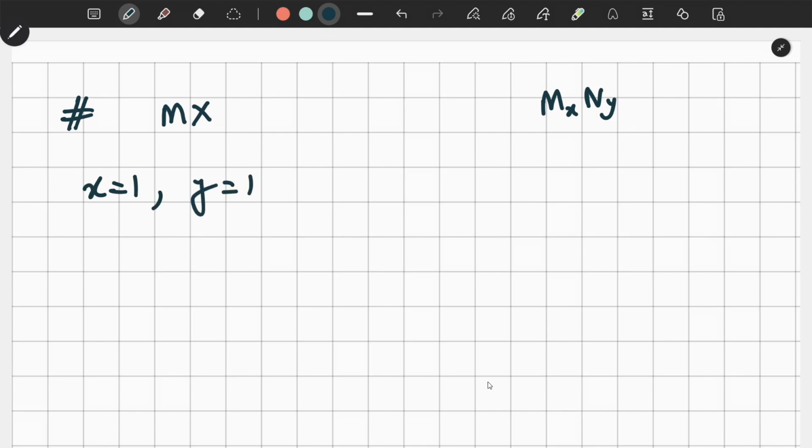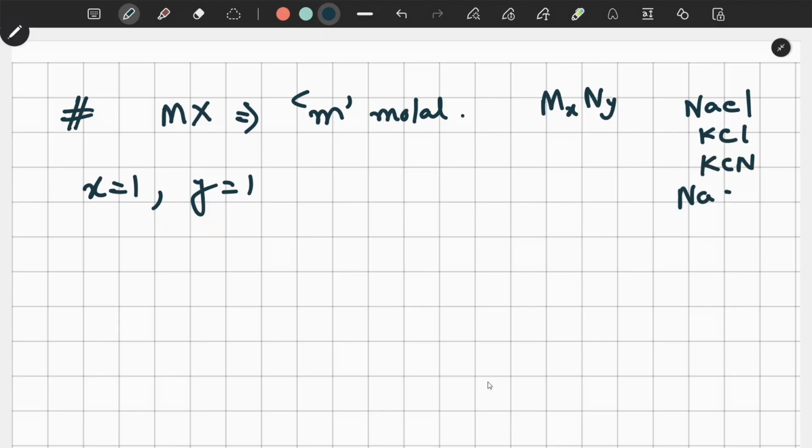So if that is the case, and the concentration is m molar, let's say. Examples: NaCl, KCl, KCN, NaCN. These are all examples.